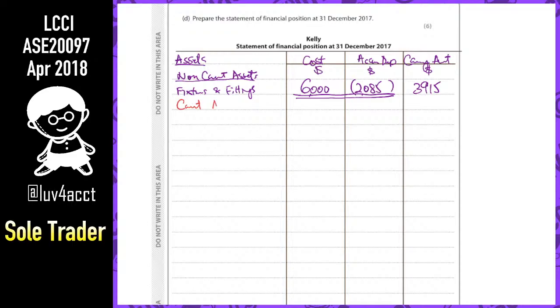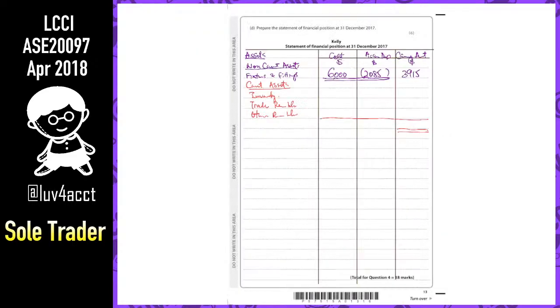Okay, so current assets, we have inventory, trade and other receivables. I will write this separately: trade receivables, other receivables, and then I will combine the two. There is no cash and cash equivalent because we have negative.